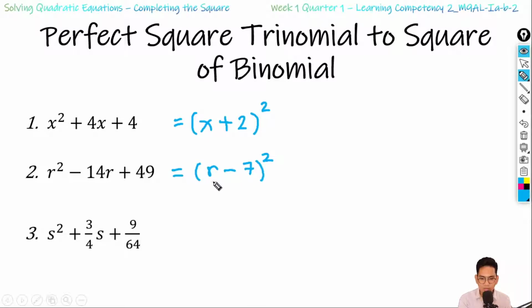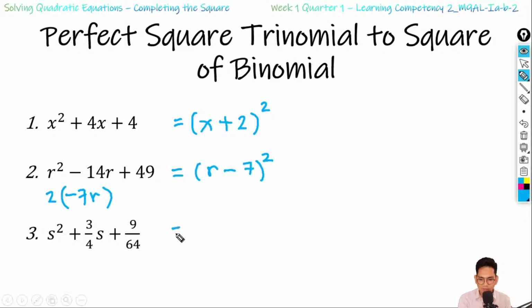Now if we multiply r times negative 7, we get negative 7r, and then multiply that again by 2.